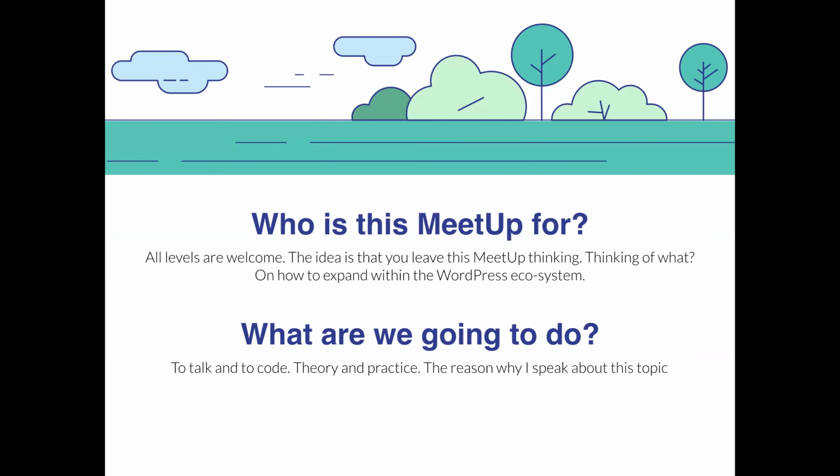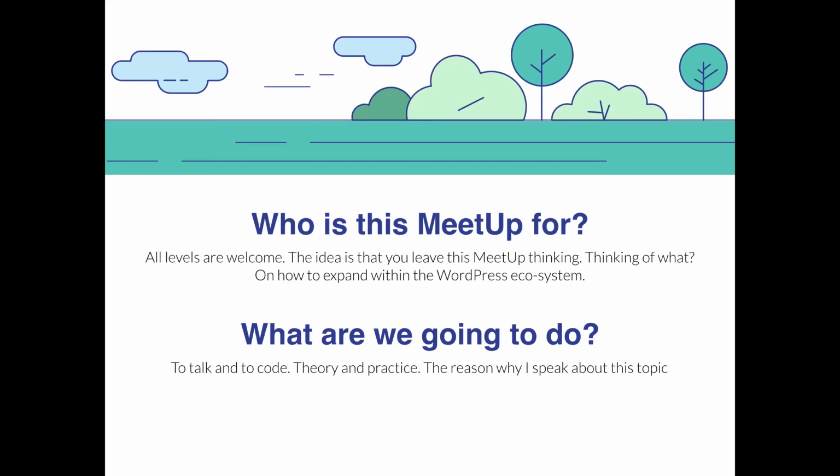So who is this meetup for? I would say that all levels are welcome. We're going to talk about some technical stuff, and some might be known to some, but not to others, and vice versa. My key takeaway is for you to start thinking about how to expand WordPress as the content management system that it truly is.